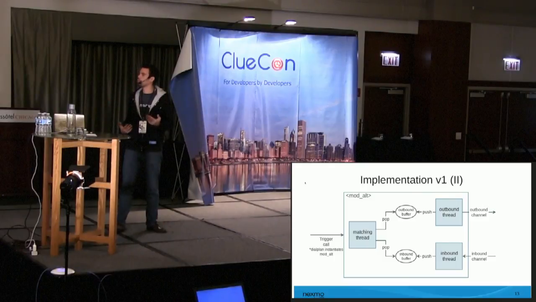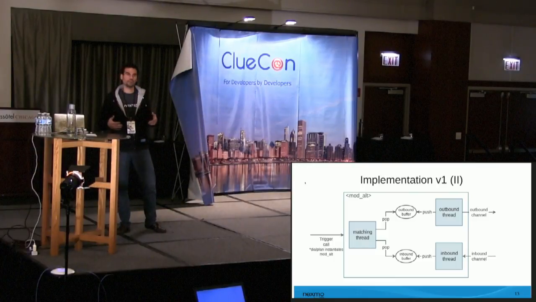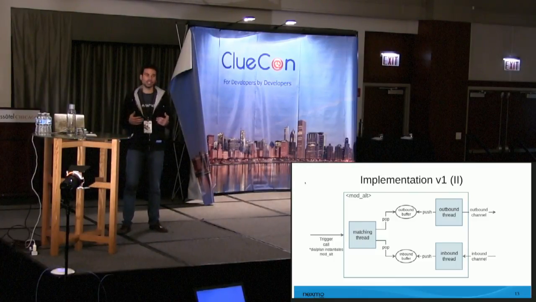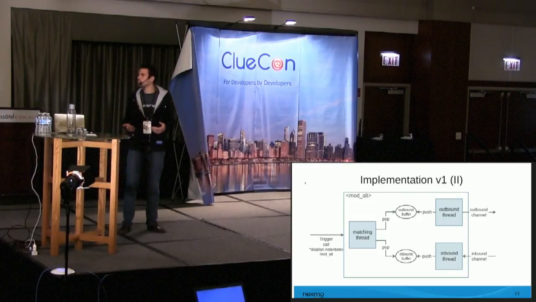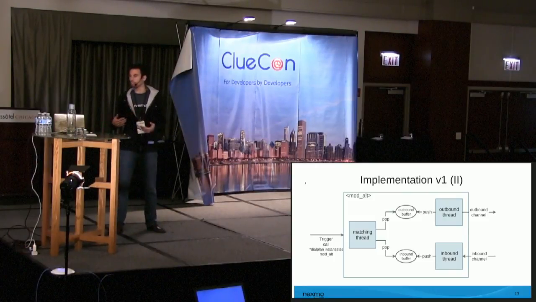Then the inbound thread picks up whatever comes on the inbound channel. And the matching thread is the thread that executes the algorithm that matches whatever was put on the outbound with whatever is coming on the inbound.